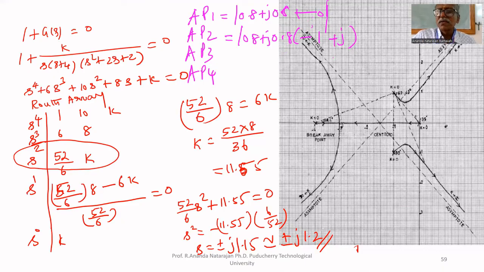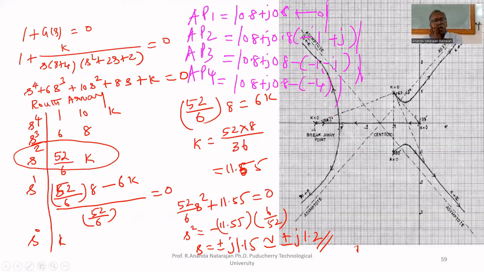Modulus means you have to call the polar function and find the magnitude. AP3 equals 0.8 plus j 0.8 minus (minus 1 minus j). AP4 is 0.8 plus j 0.8 minus (minus 4).